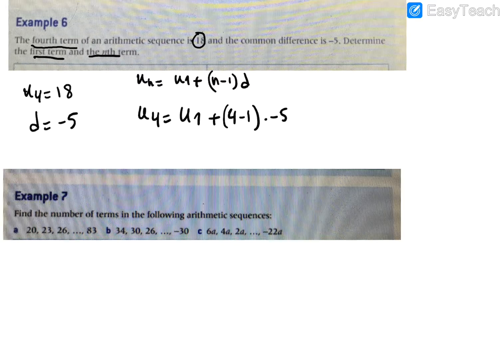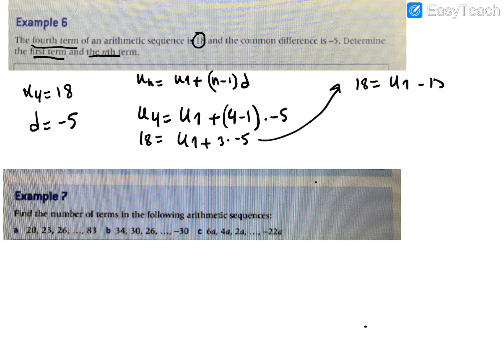What do we know about u4? It is given as 18. So 18 equal to u1 plus 3 times minus 5. From here, 18 equal to u1 minus 15. u1 will be 33.